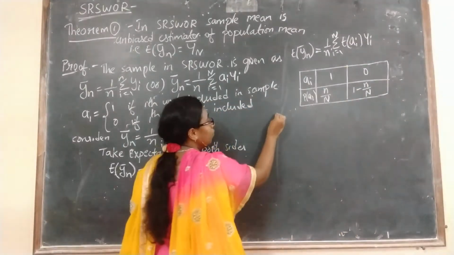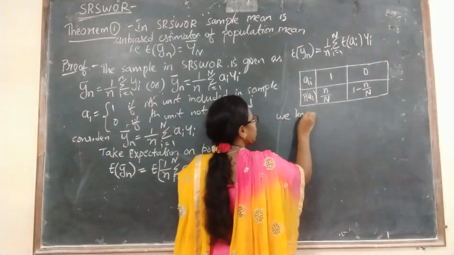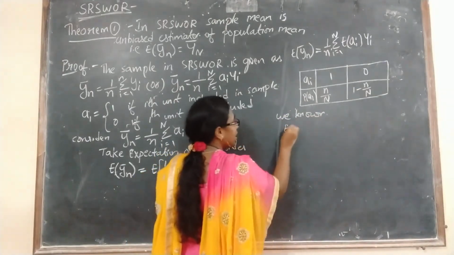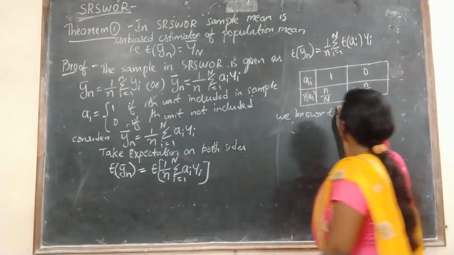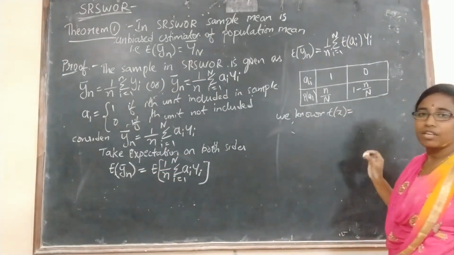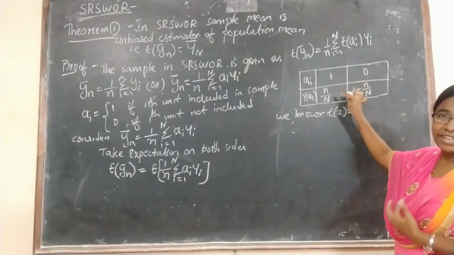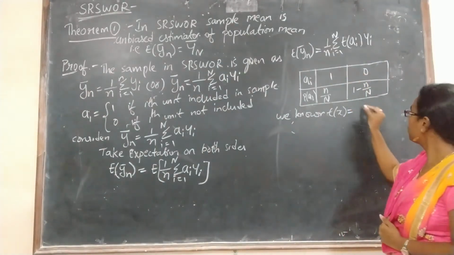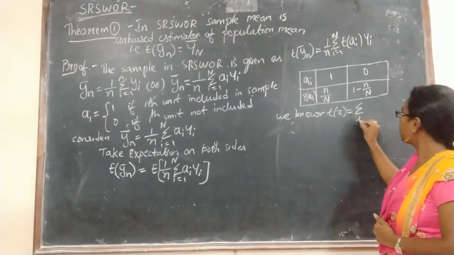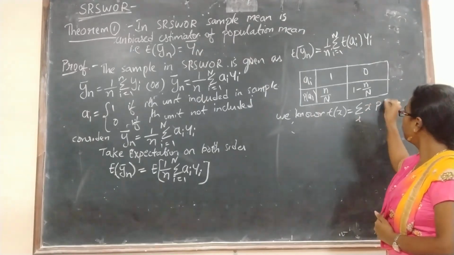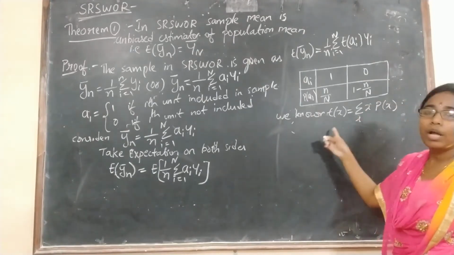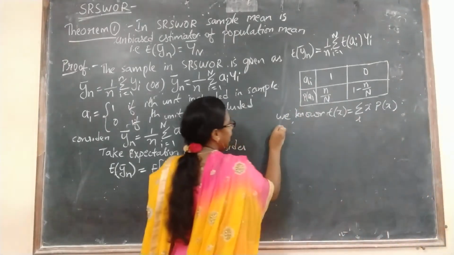Now we know the expectation formula. If you have expectation of x, if it is discrete, and you have only two values, so whenever it is discrete, it is summation over x into p of x. Now I want the expectation of the AI value.